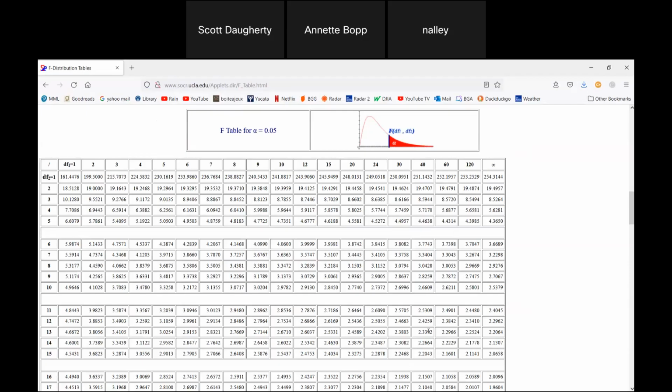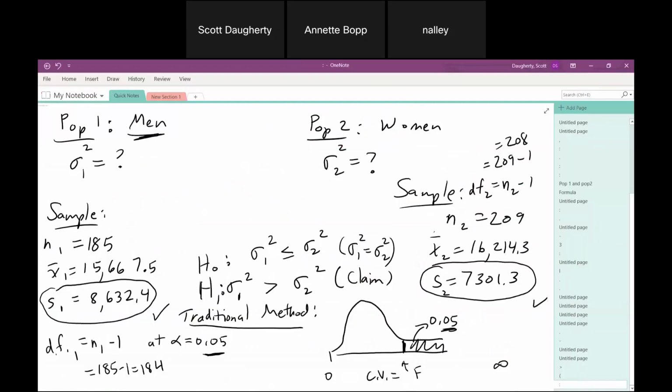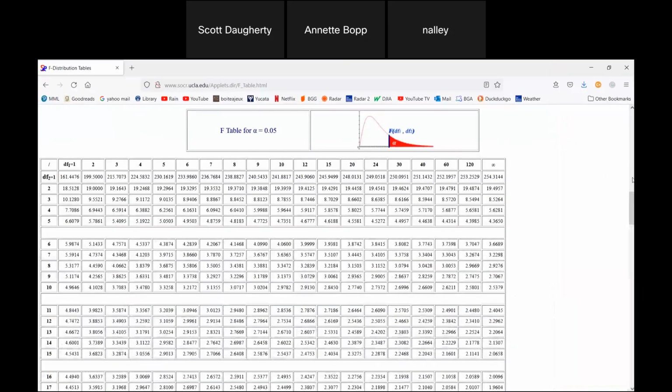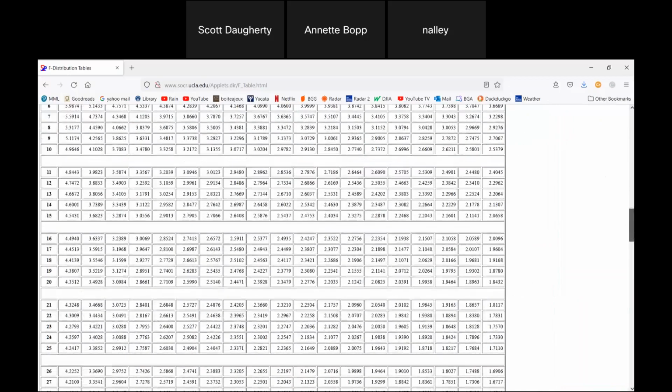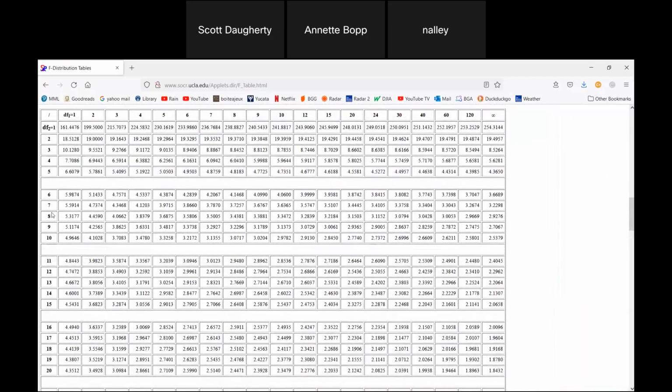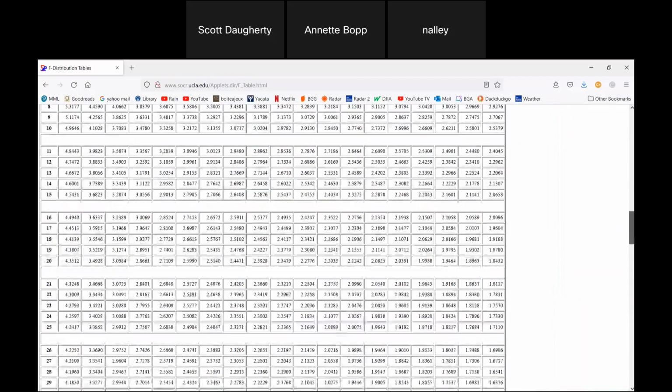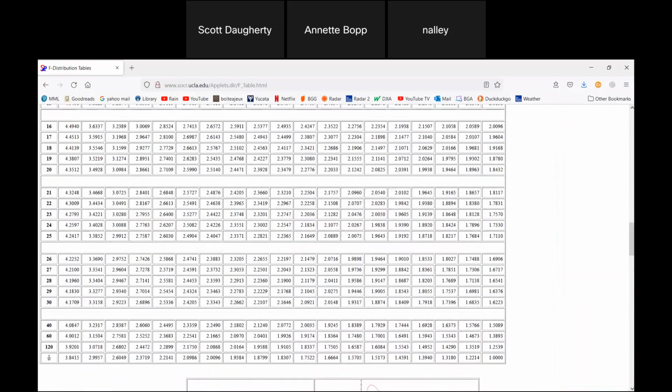And then the other one was, I guess, 208. So DF2 is 208. And that would be on this column here, right? The left column. And again, the closest thing would be 120. Again, I wouldn't use infinity unless it was above 1,000 or so. So I'm going to use 120 and 120.